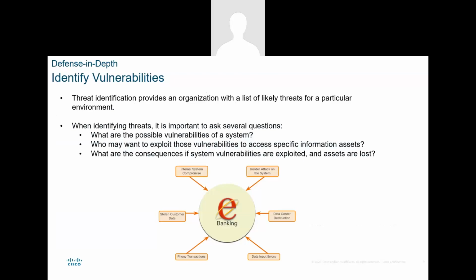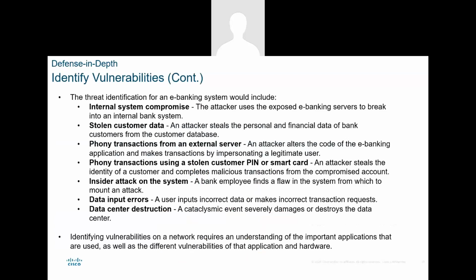You want to understand these vulnerabilities, and this helps in planning your defenses. Like I said, the internal system compromise and stolen customer data are all potential vulnerabilities, an example we gave for the e-banking.